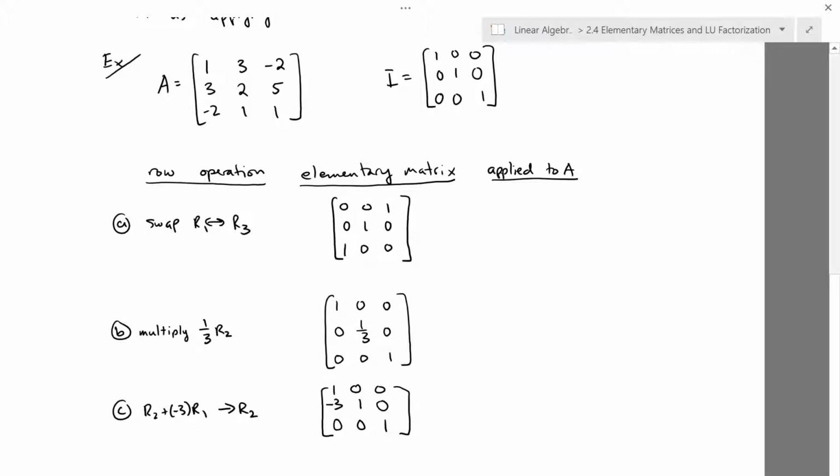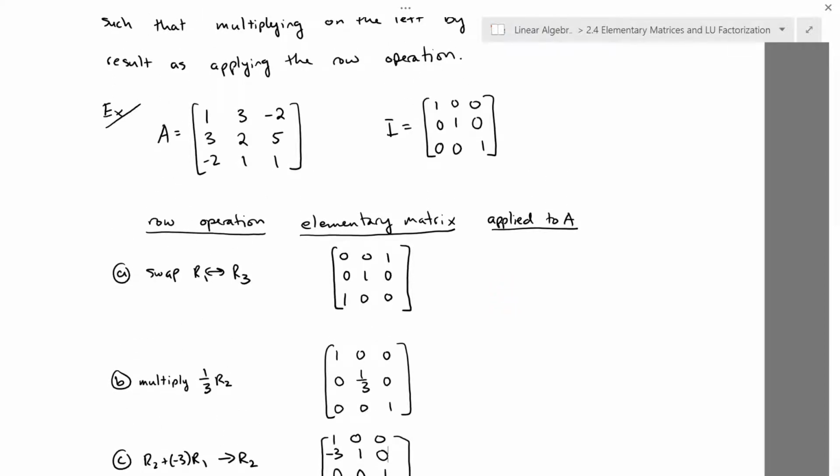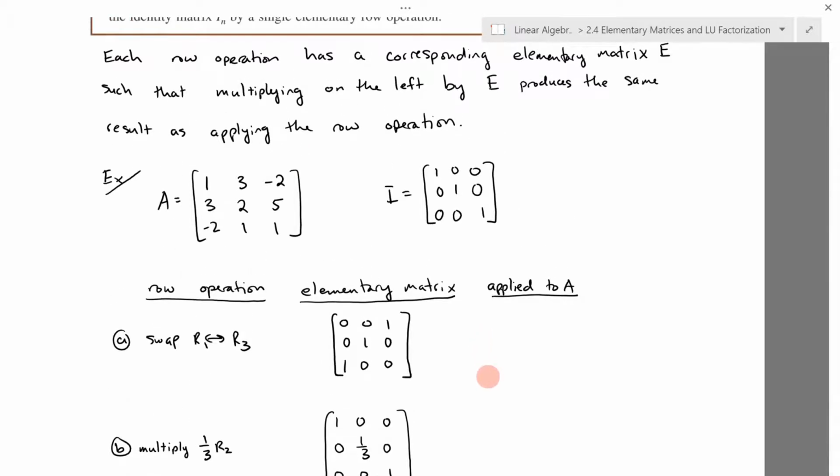So the idea behind the elementary matrix is that applying these row operations to any other matrix is the same as taking the elementary matrix for that operation and multiplying A on the left.